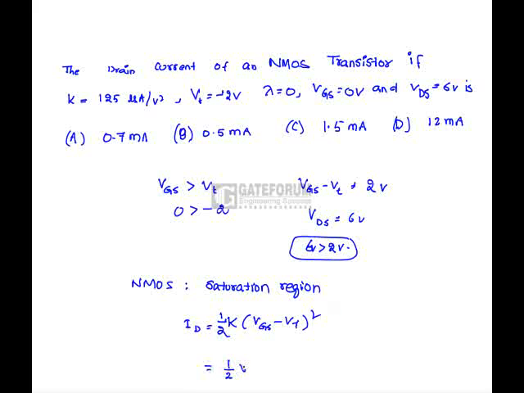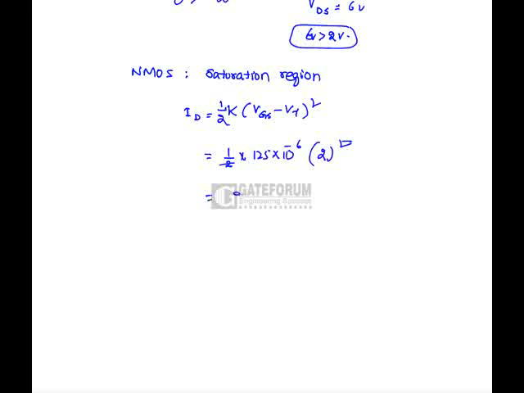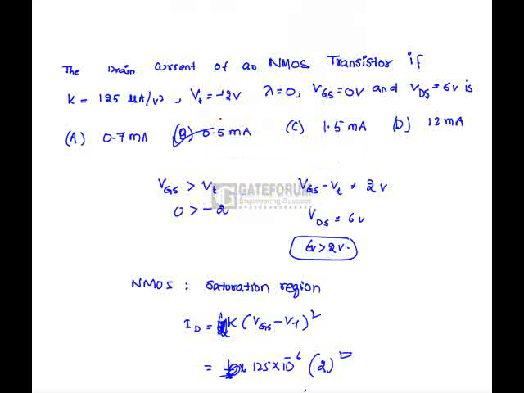So 1 by 2, 125 into 10 power minus 6, into 2 whole square, hence 250 into 10 power minus 6. Sorry, this is not there. ID is proportional to K into (VGS minus Vt) whole square. So it is going to be 500 into 10 power minus 6, that is 0.5 milliamps, which is option B.